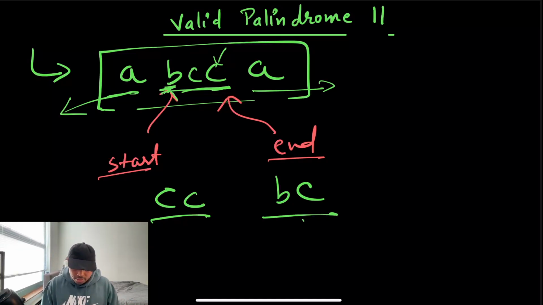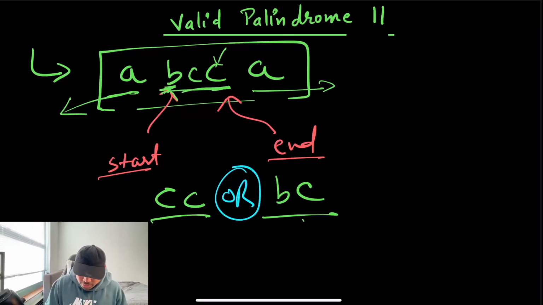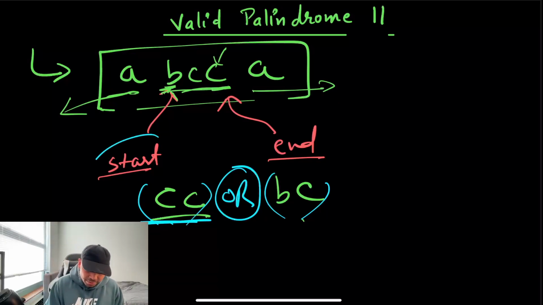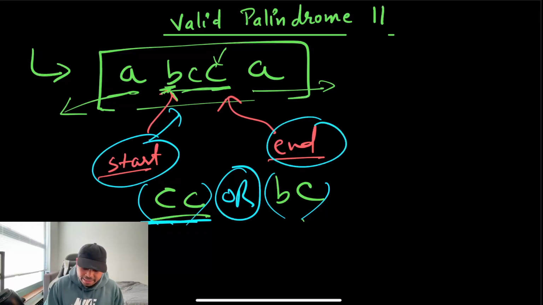You gotta check. Then we will basically have an OR condition in between and call these helper palindrome again on the remaining string. All right, pretty easy. Just move the start pointer in one case and decrement the end pointer, keeping the start pointer the same, in another case, and check if that string is still a palindrome.